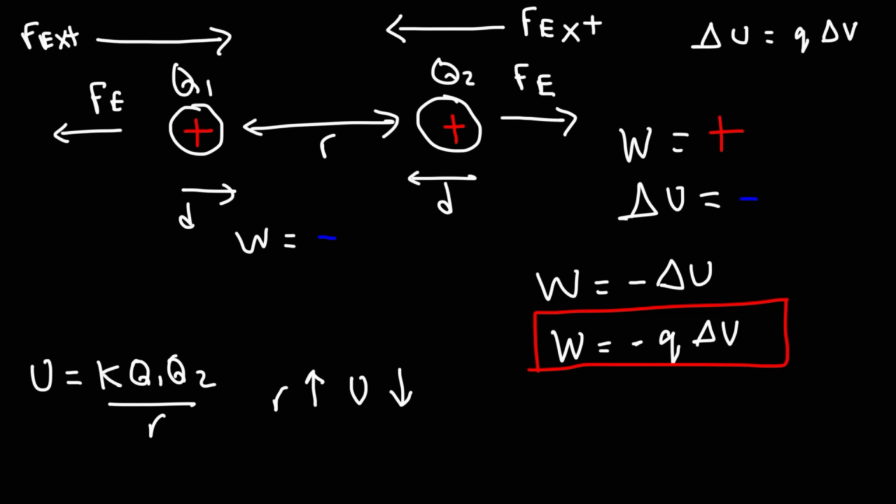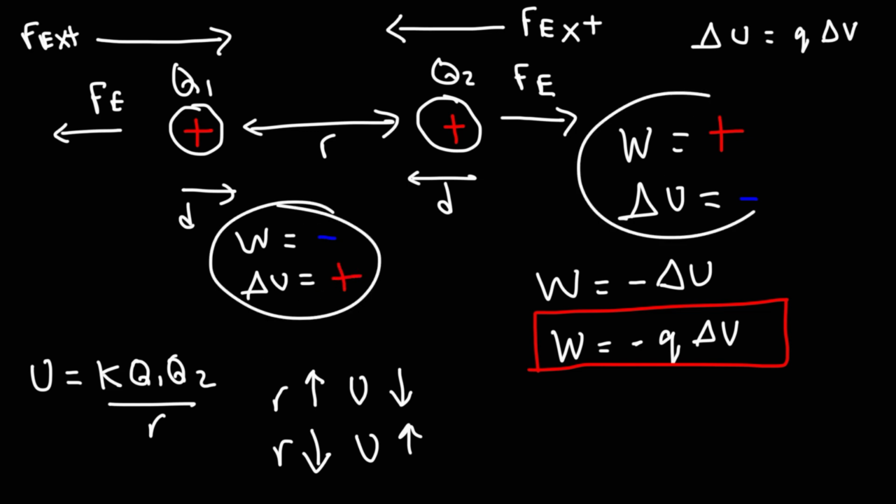Now, what happens to the potential energy? Well, in this case, as we bring the two positive charges closer together, R is going to decrease. The distance between the two positive charges decreases, and based on this formula, the potential energy of that system increases. So delta U is positive. So notice that these signs are opposite again.